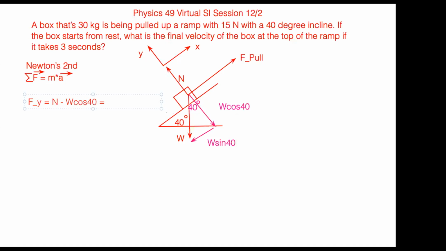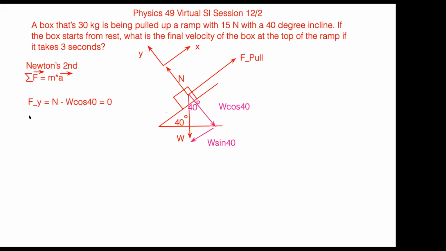Is this object moving in the y direction at all? So is it like floating up and down? In this case, it's not, right? It's staying on the ramp and it's not levitating or anything. So there is no acceleration, meaning this is equal to 0.